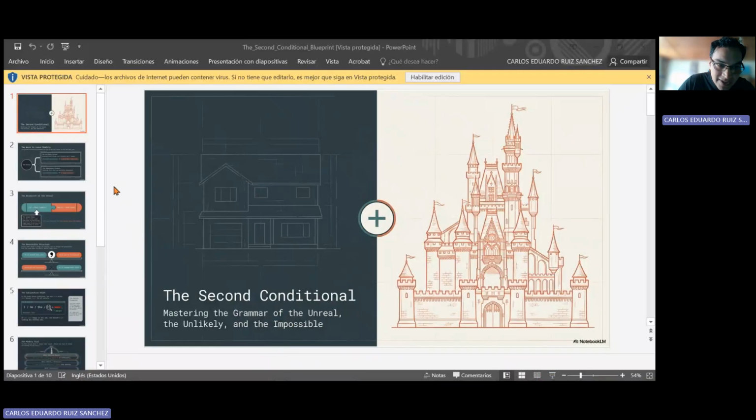The if clause with a past simple statement. Dear students, the clause part is in past simple, so we need to identify a lot of verbs in past simple tense.